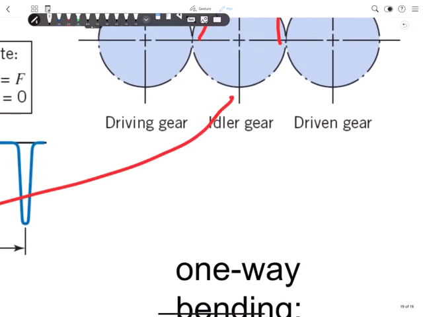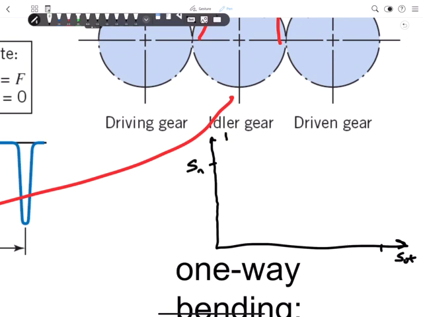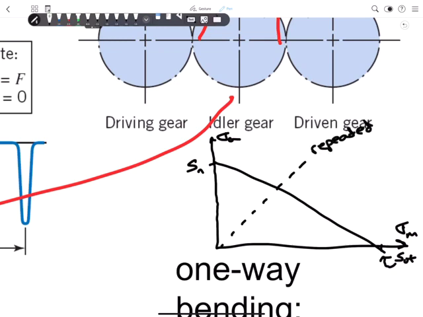So if we zoom in and make actually a Goodman diagram, which is what we're supposed to do for these fatigue problems, this is SUT here, and this is SN here, this is sigma alternating, this is sigma mean, and I draw this, all right? But for a repeated load, it goes at a 45-degree angle, slope equals 1, right?